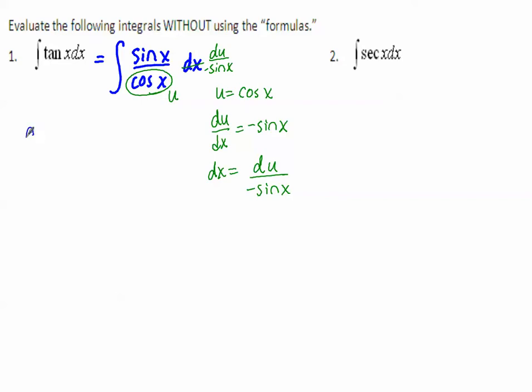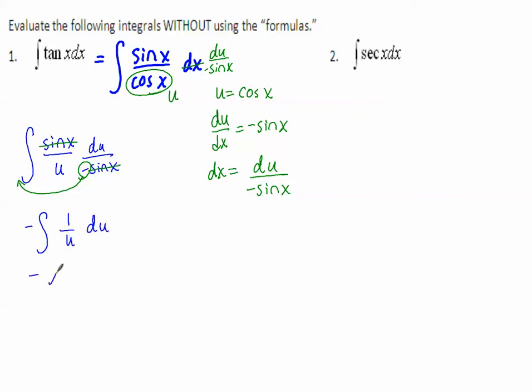We have the integral of sine of x over u. dx became du over negative sine of x. So the sine x functions cancel out. I do have this negative, but I can bring it out. So this is the negative of the integral of 1 over u du. Well, that's the negative of the natural log of the absolute value of u plus c, or with u plugged in, the negative of the natural log of cosine of x plus c.